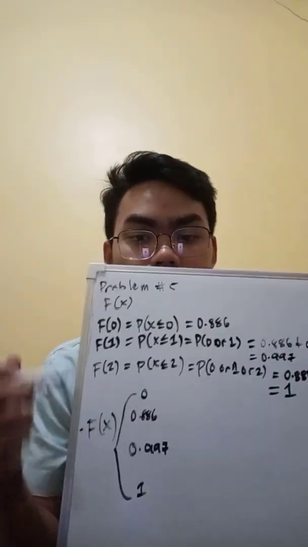So let's do it. F of x now is equal to, okay, let's draw the figure. So we have 0 here, 0.886, 0.997, and 1. Okay. Like this. So you see this figure here.